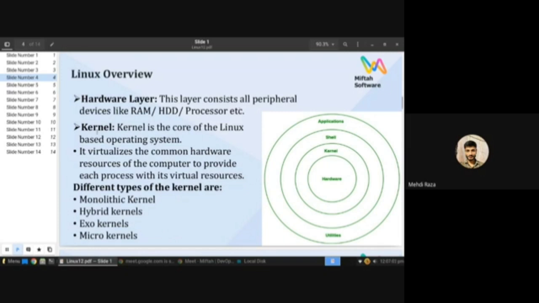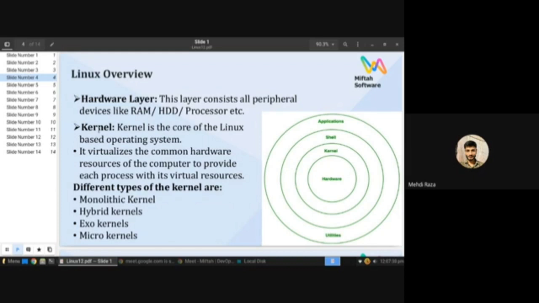We also have the kernel. The kernel is the second innermost layer of the Linux operating system, or we can say the outer layer of the hardware is the kernel. Basically, the kernel is the core of a Linux-based operating system.